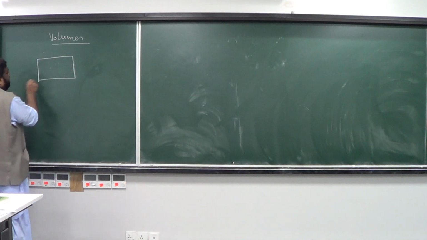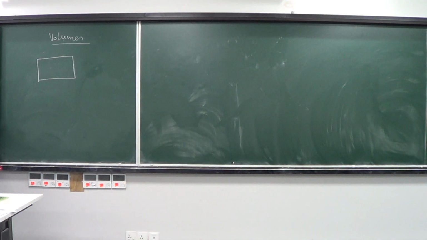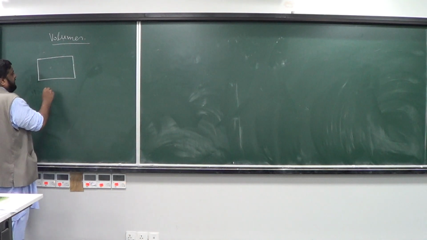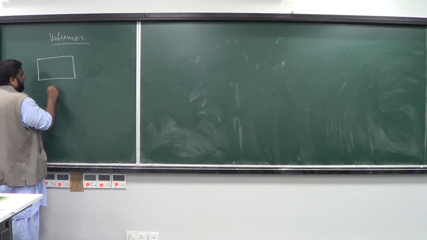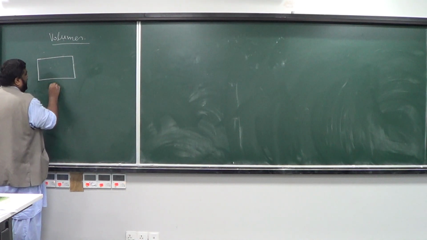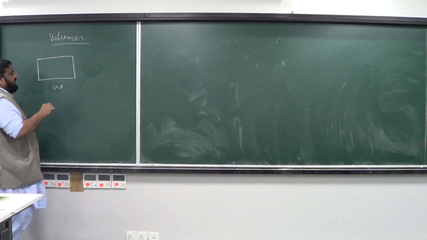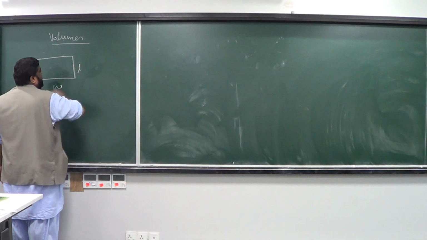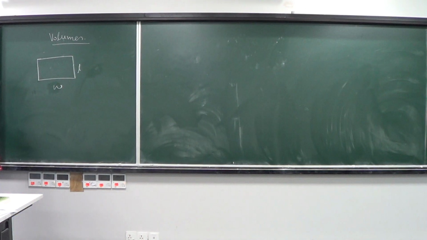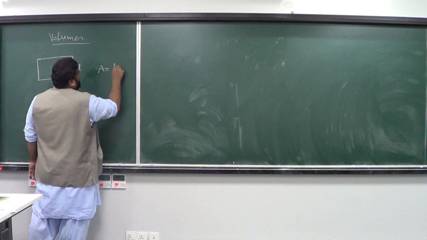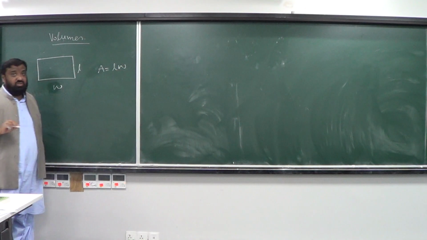I know that if I have a rectangle, that rectangle has a width of say W centimeters or whatever, and L is the length of it. Then we know that the area of the rectangle is length multiplied by width.